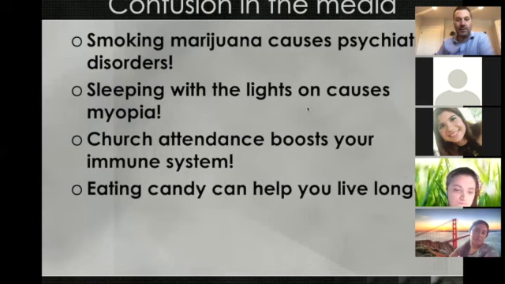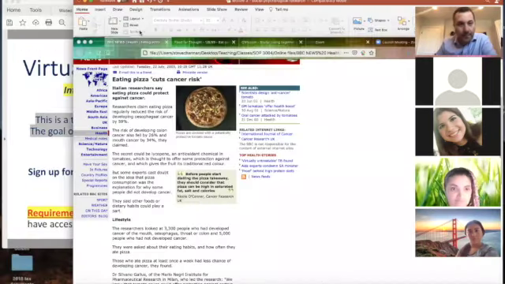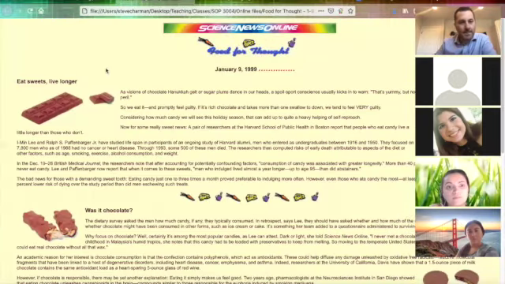Eating candy will help you live longer. Okay, I will show you the article where I got that from. Where's that? That's here. Okay, eat sweets, live longer, right? They're implying a specific causal relationship. However, this was based on correlational studies.